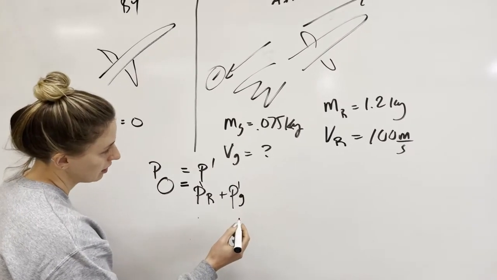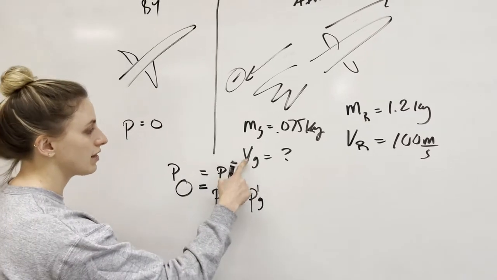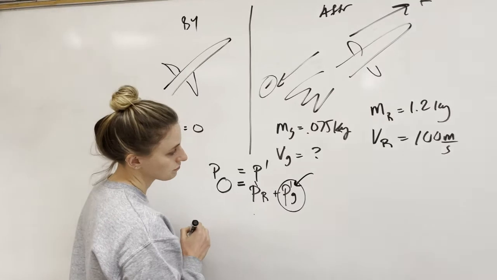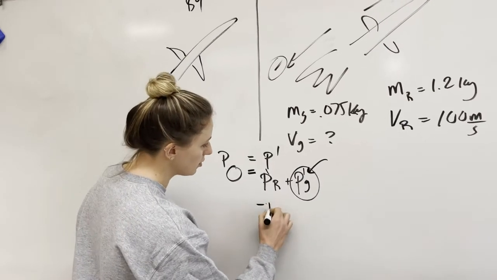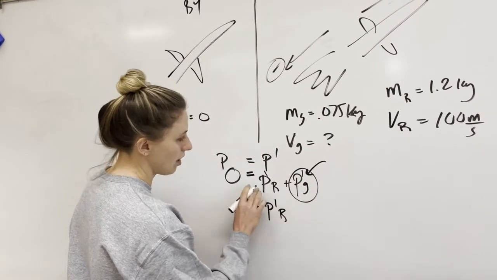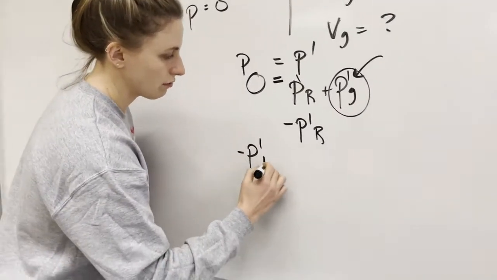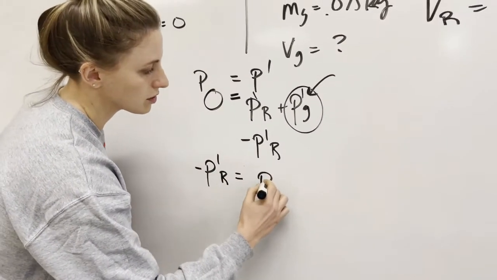Where's the answer going to be? Great question. The answer is going to lie in this one right here, so we've got to solve for that. Let me go ahead and just subtract off the momentum of the rocket. The momentum of the rocket is going to equal the momentum of the gas.